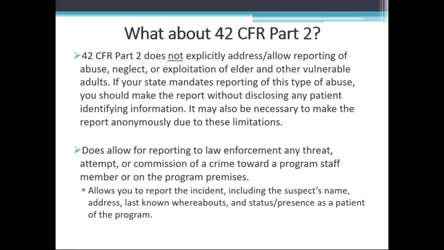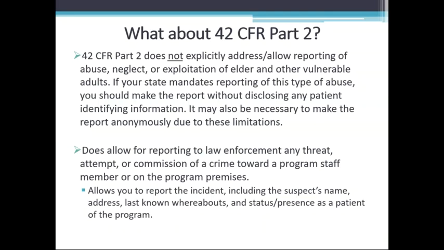So although 42 CFR Part 2 does not explicitly address or allow reporting of abuse, neglect, or exploitation of elder and other vulnerable adults, if your state does mandate reporting of this type of abuse, then you should make the report without disclosing any patient identifying information.